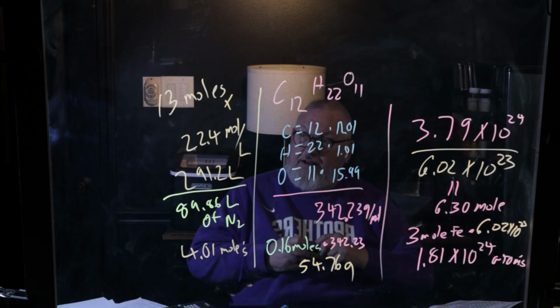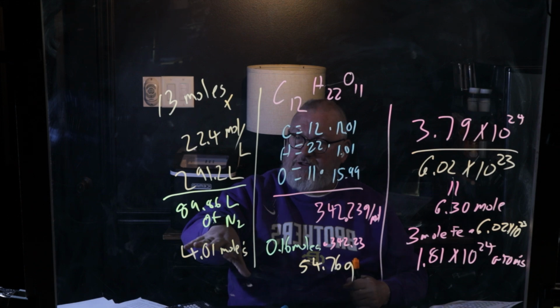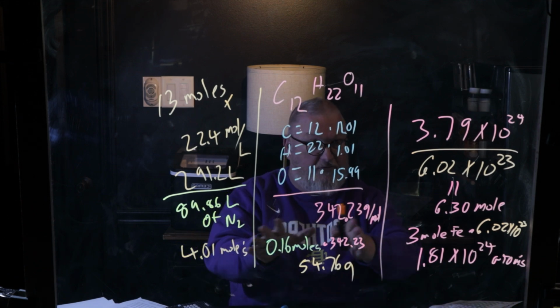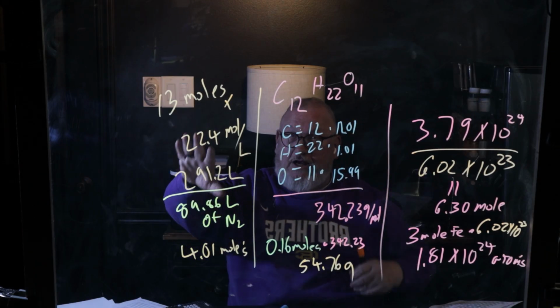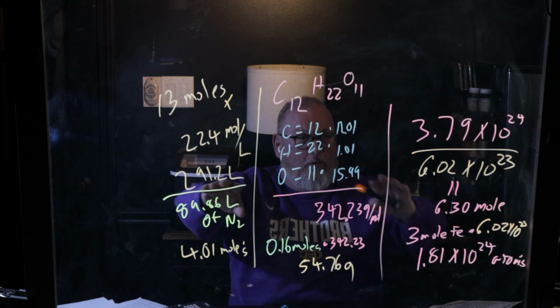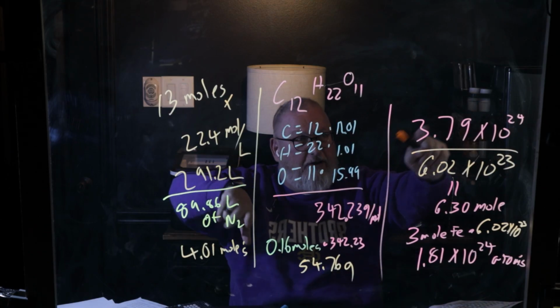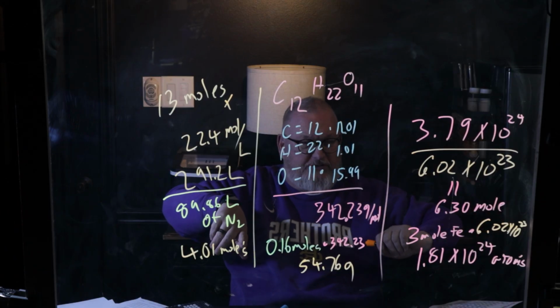Again, it's pretty simple. If I want to find moles, I divide. If I want particles and I'm given moles, I multiply by Avogadro's number.